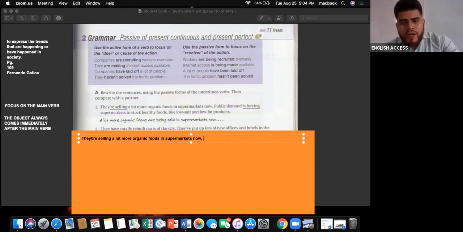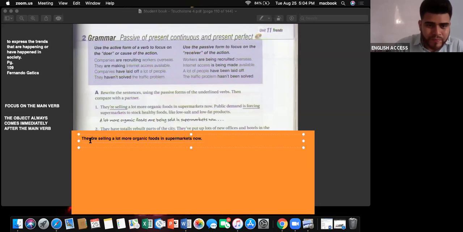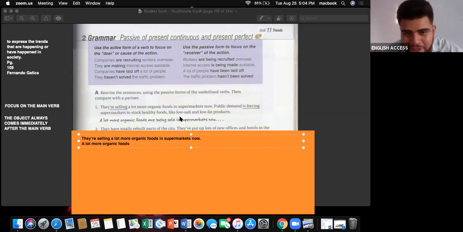Right. Let's focus on the first sentence. The object is a lot more organic foods. Use the continuous: a lot more organic foods are being sold in supermarkets now.